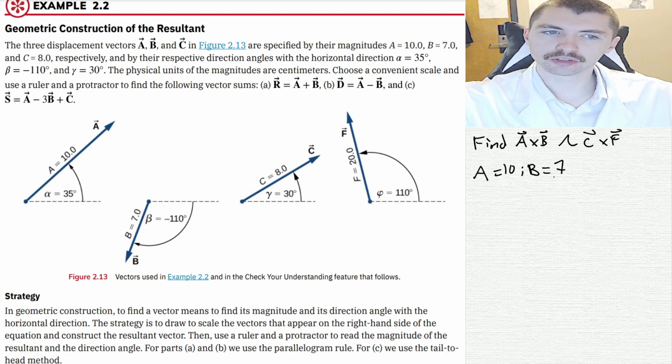The magnitudes are that. I think phi is the angle in between.